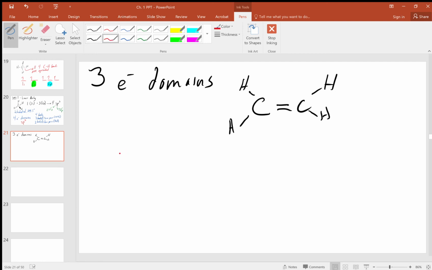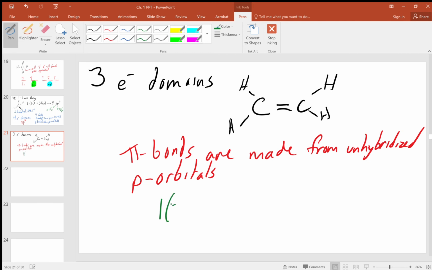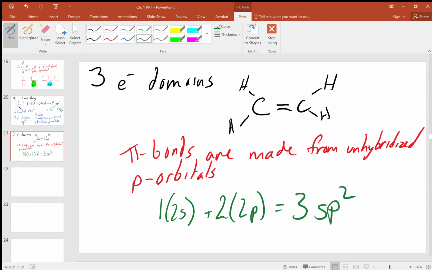Well, recall that pi bonds are formed from unhybridized p orbitals. So now there's one 2s orbital available along with 2 2p orbitals, and that gives us our 3 sp2 orbitals. So carbons with 1 pi bond are sp2 hybridized, and they have trigonal planar geometry.